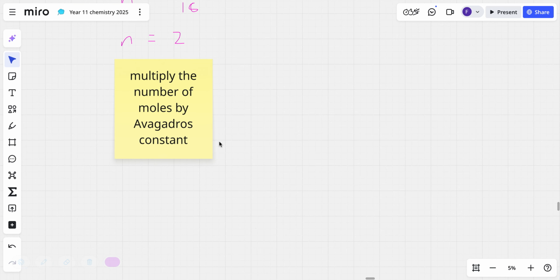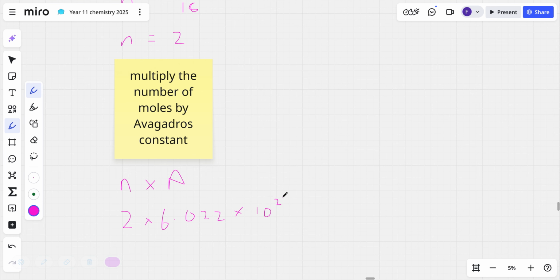So the number of moles we have is 2. So it's the number of moles times Avogadro's constant. So the number of moles is 2 times Avogadro's constant, 6.022 times 10 to the 23.